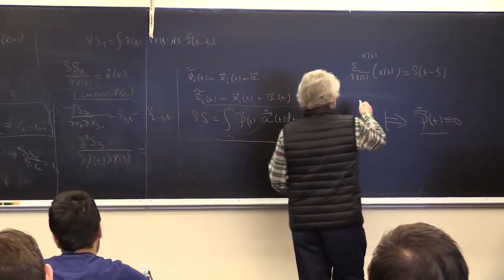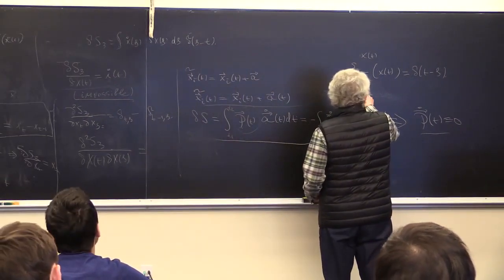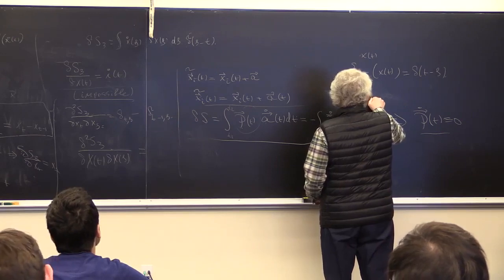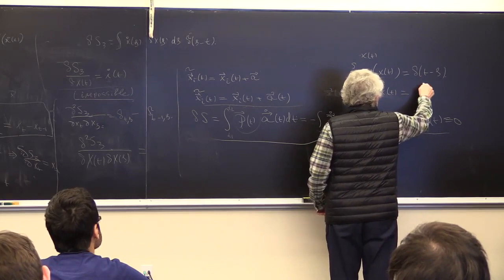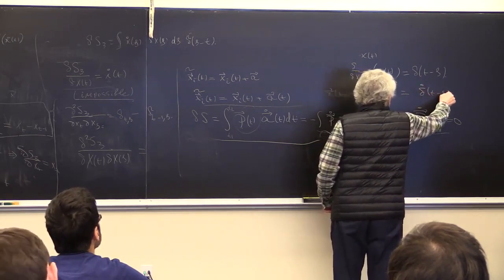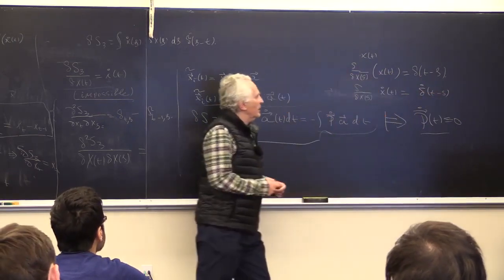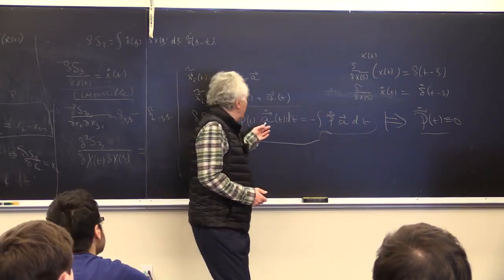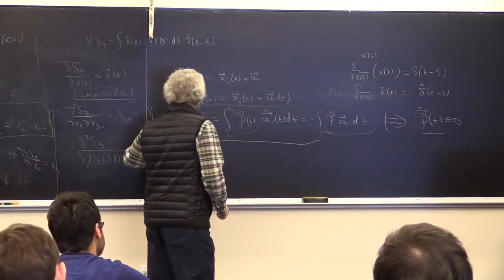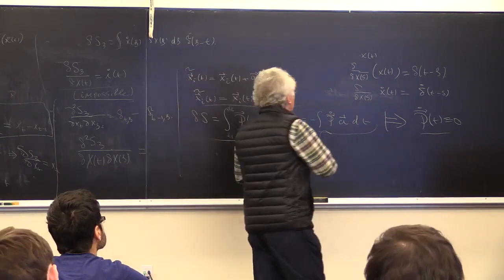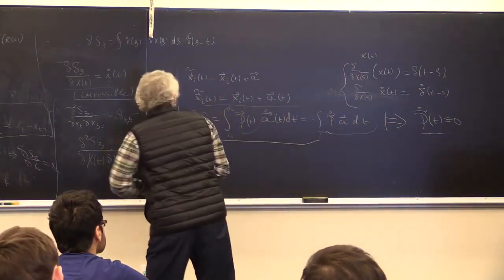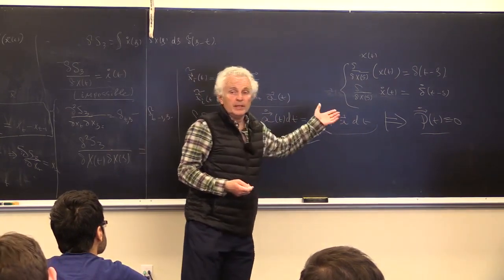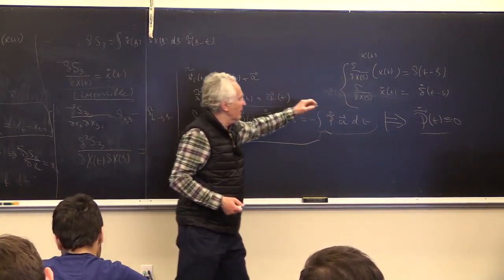Now, when you differentiate it with respect to t, you get delta dot of t minus s. Of course, it fully corresponds to these discrete versions. The delta function is an even function, while if you differentiate an even function, you get an odd function.